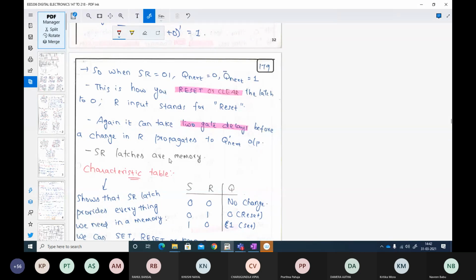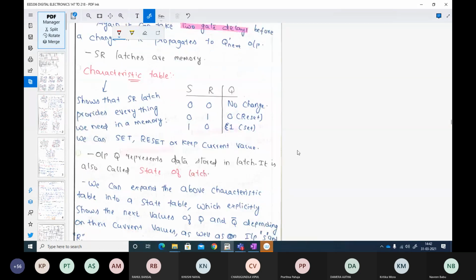Okay. Now, if you draw the characteristic table, so this table that I just drew now is a characteristic table. A characteristic table will give you an overall picture of how your SR latch will behave. So when your S and R are 0 and 0, there is no change in your output. That is, your previous state output will follow.